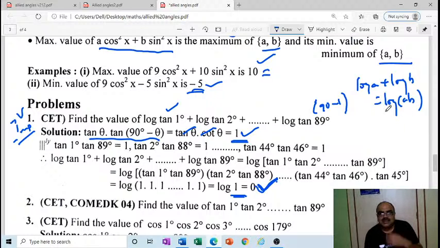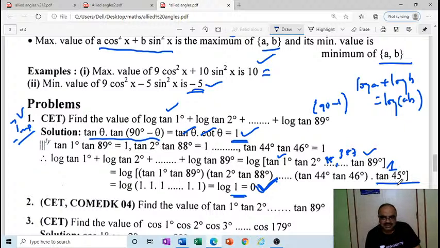So it is the product of all values, tan 1 to tan 89. What all you can combine, tan 1 and tan 89, tan 2 and tan 88, tan 3 and 87, like this. You go on combining. So tan 44 and 46. So all these are going to be 1. And the independent value, tan 45, nobody is there with him.